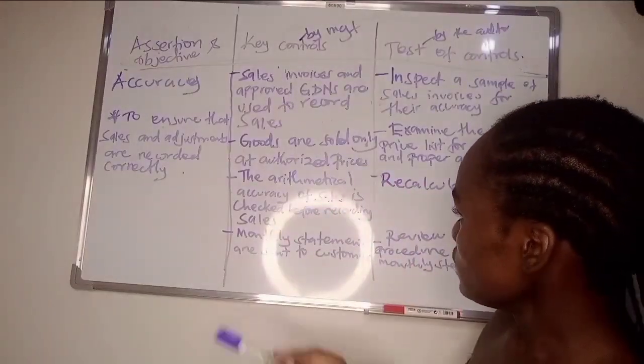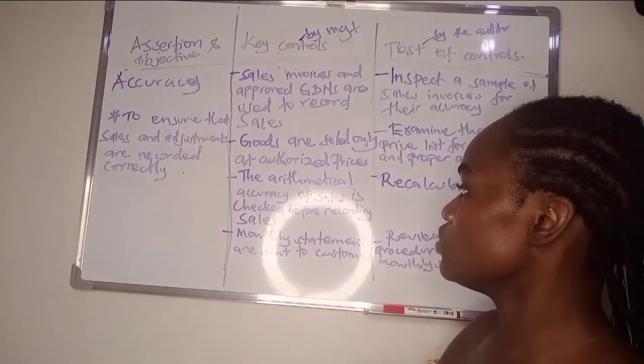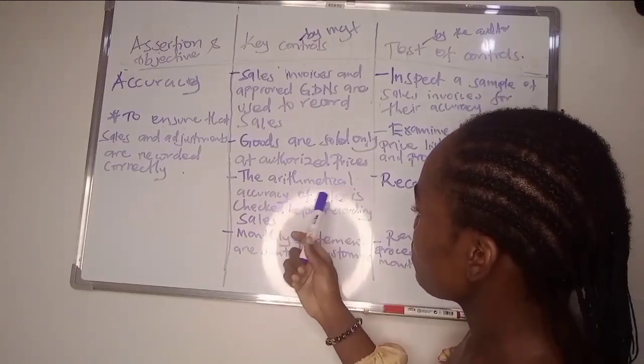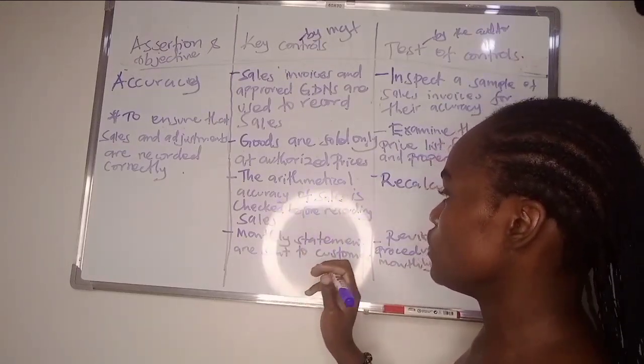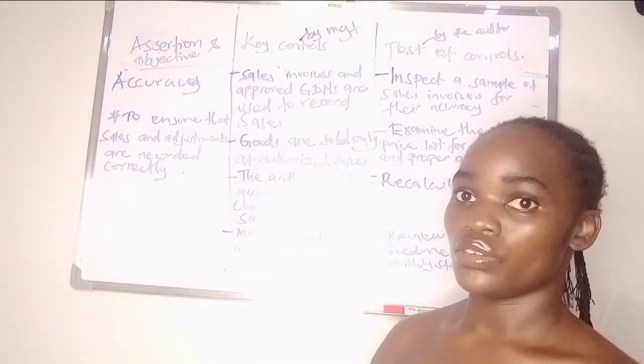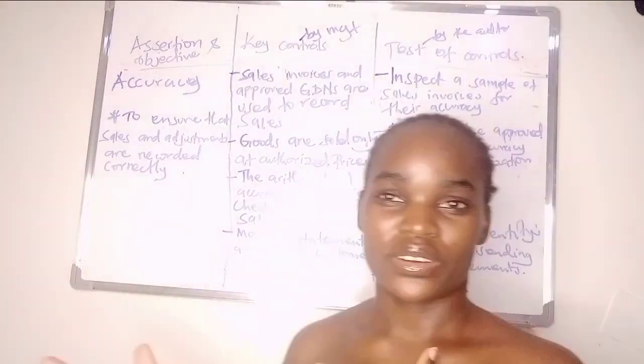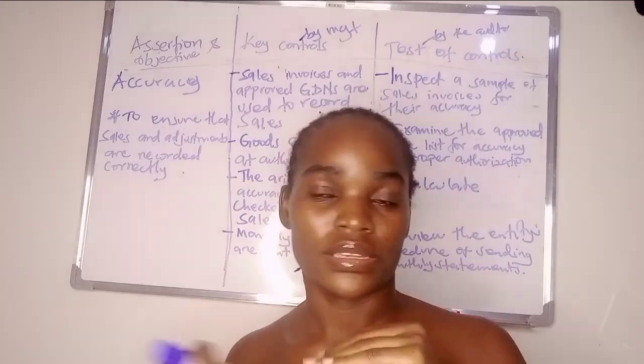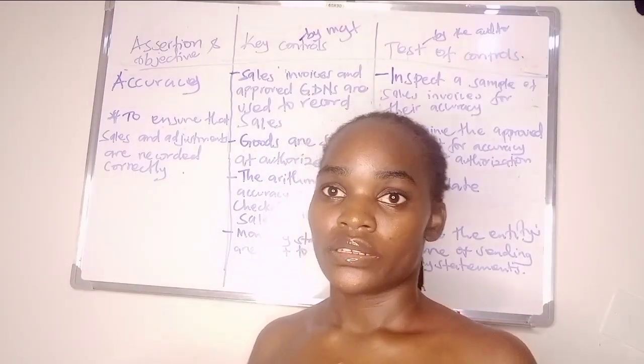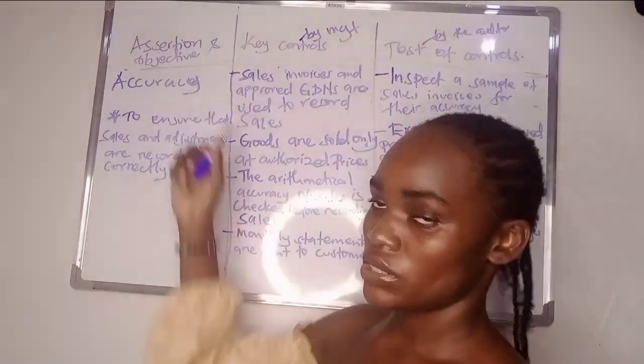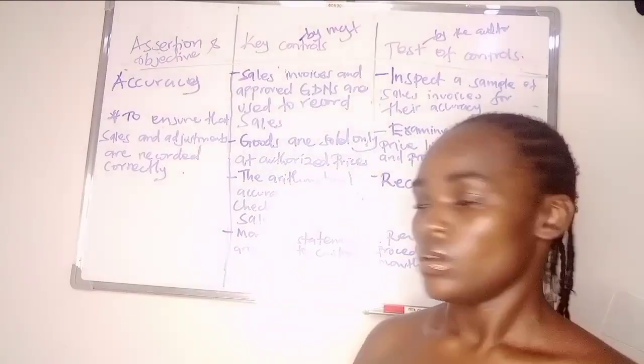Then another control is arithmetical accuracy of sales is checked before recording sales. Like you check for the accuracy to see that there is no error. So it will help you to achieve this objective.